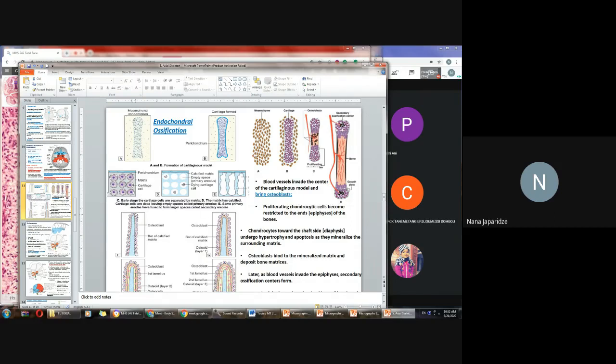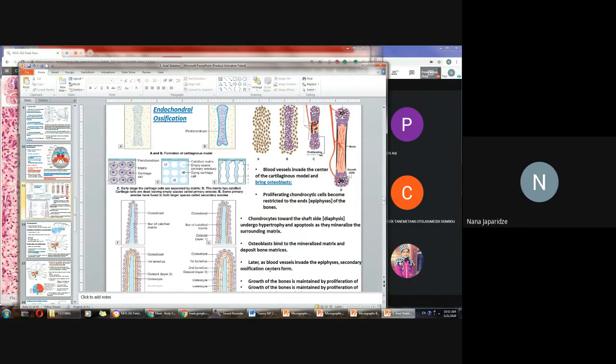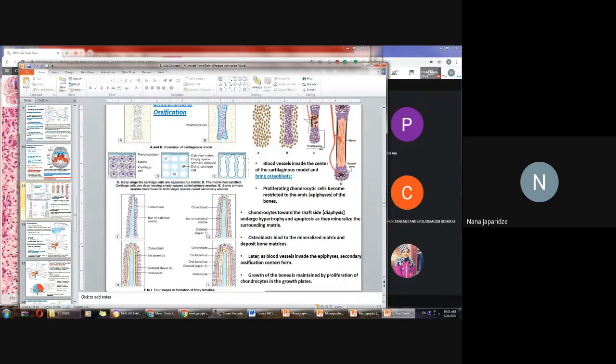They become osteoprogenitor cells, and then the osteoprogenitor cells differentiate into osteoblasts. Osteoblasts immediately start to produce new layers of bone tissue, osteoid. And step by step, this mineralized cartilage tissue is covered with layers of bone tissue.